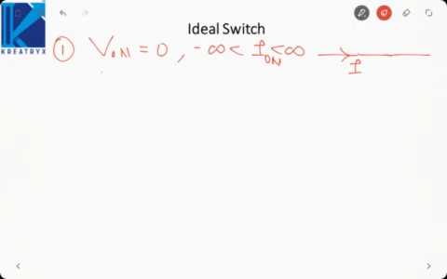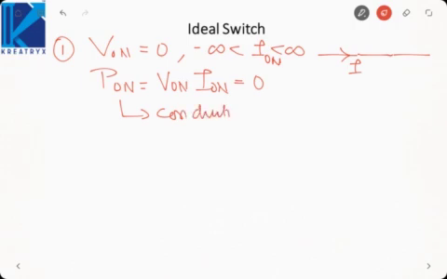Now if we want to find the power of the switch, which will be equal to V on into I on, it will come out to be 0. This is called your conduction loss, that is, the loss of power in the switch when it is in the conduction state. So for an ideal switch, conduction loss is 0.